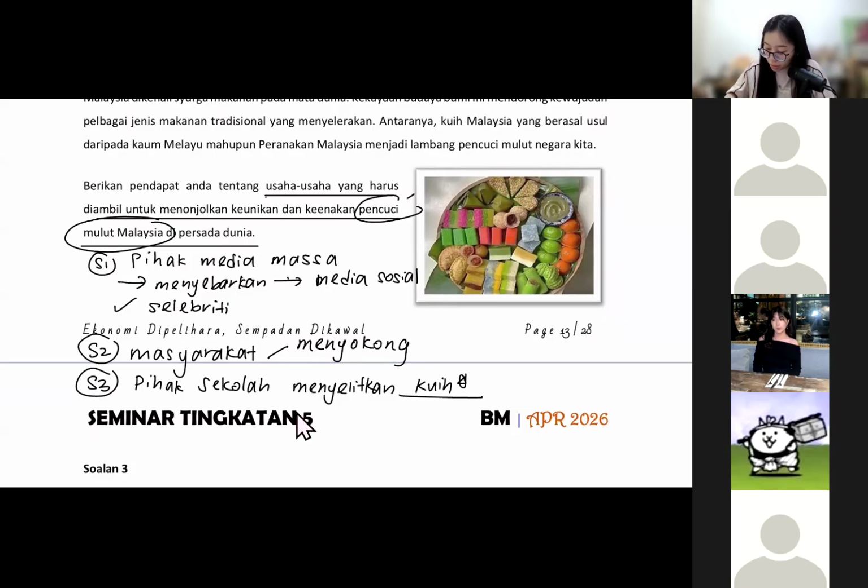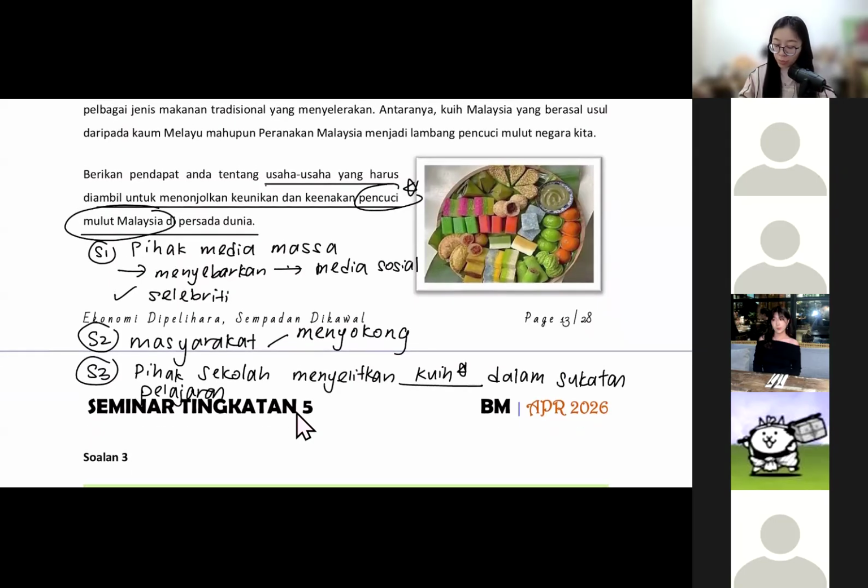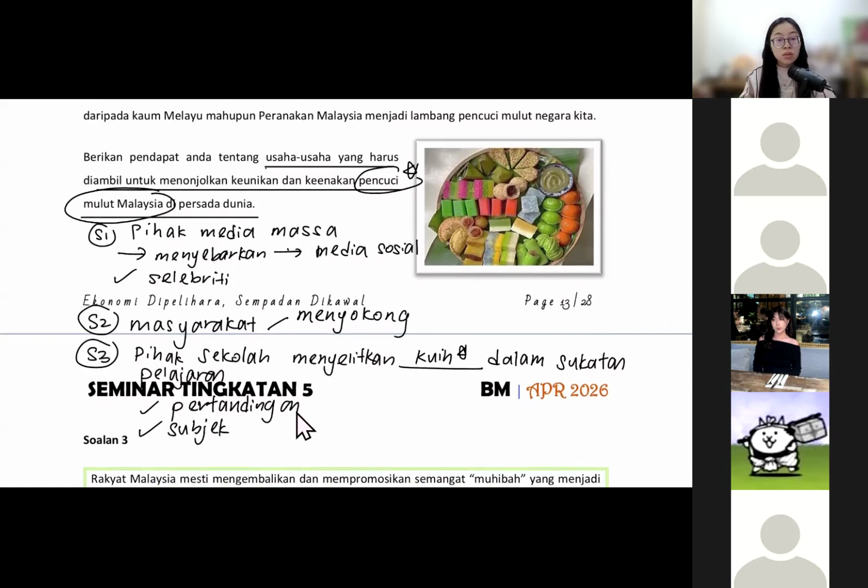I put a star here, pencuci mulut Malaysia, dalam sukatan, in your syllabus, sukatan pelajaran. Okay, it's either you put pertandingan. There are a few things that school can do. For example, competitions or inside the subject they teach you. Subject sains rumah tangga. Okay, can. Then we just say, or they put it in your subject.